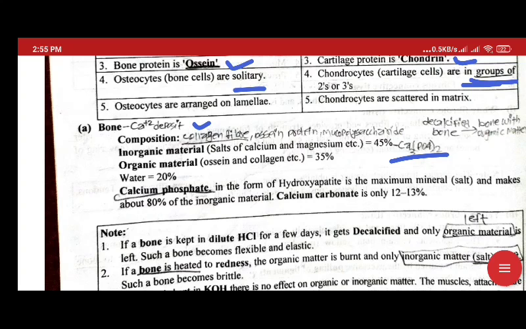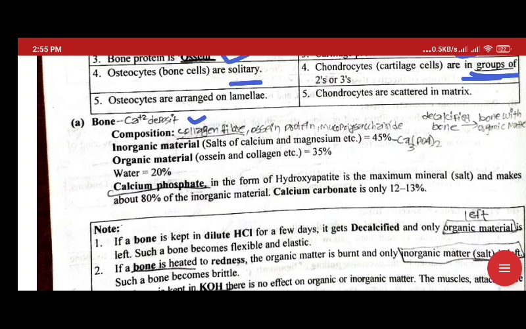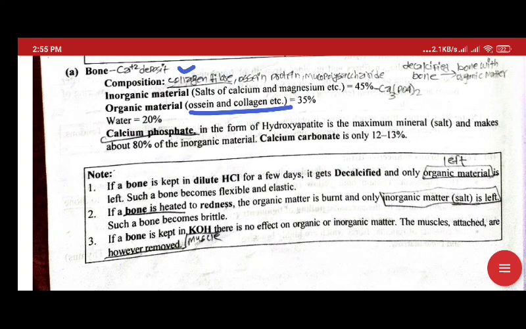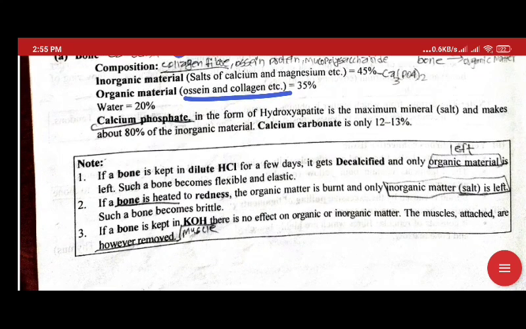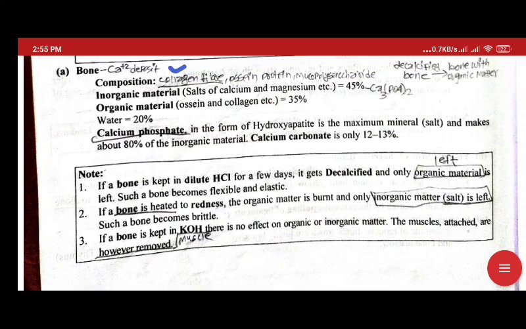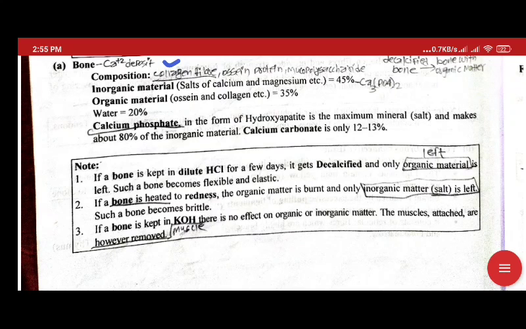Our bone contains calcium phosphate as inorganic material. Organic material is collagen and ossein. Ossein is a protein, collagen is a protein also, and a fiber. Water is 20% in bone, and calcium phosphate is 80% in the bone.